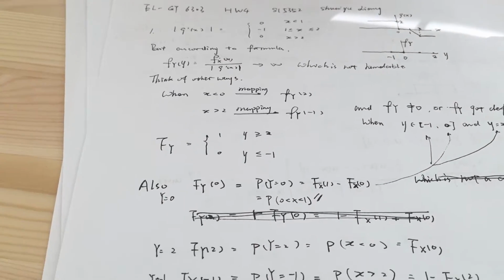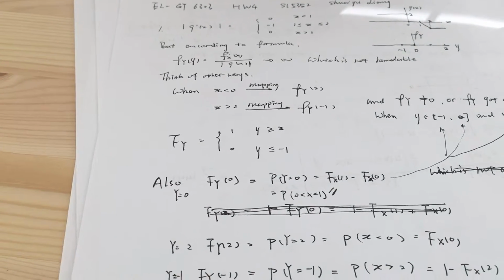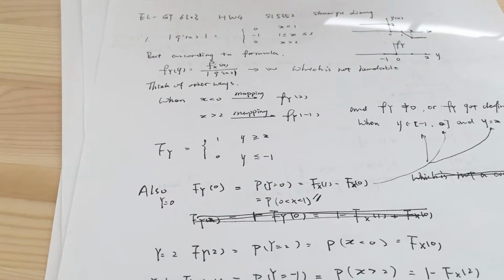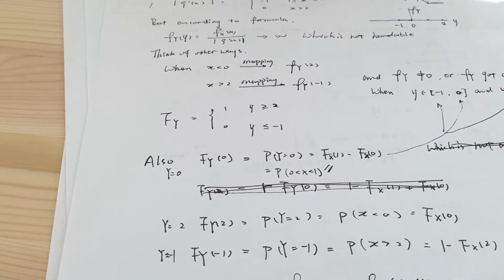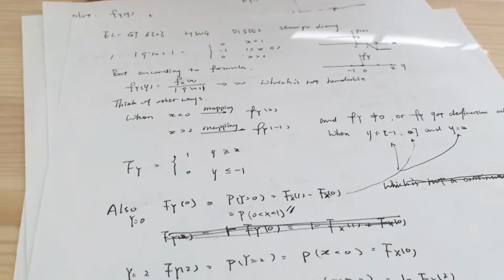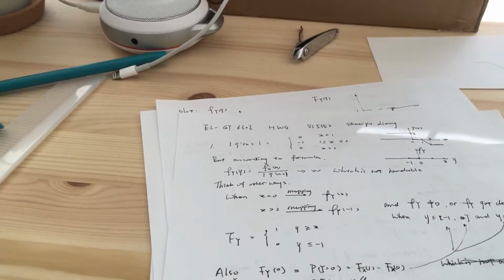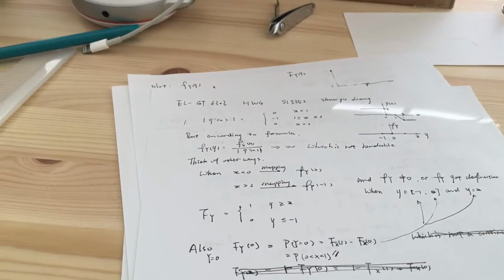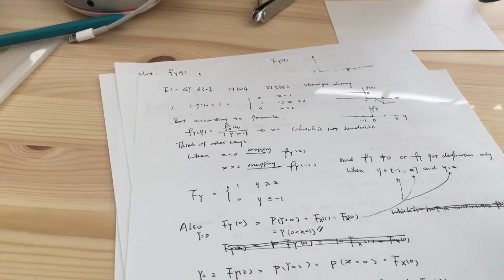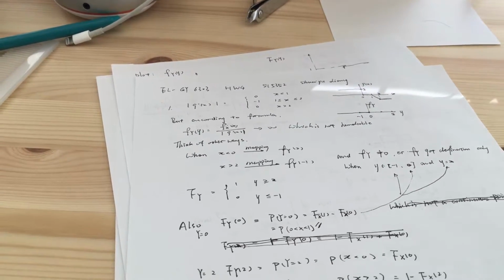When x is less than 0, the mapping is to 2, and when x is greater than 2, the y mapping is to minus 1. This gives us the capital F_Y: when y is greater than 2, all of the things could happen, and when y is less than minus 1, nothing could happen.